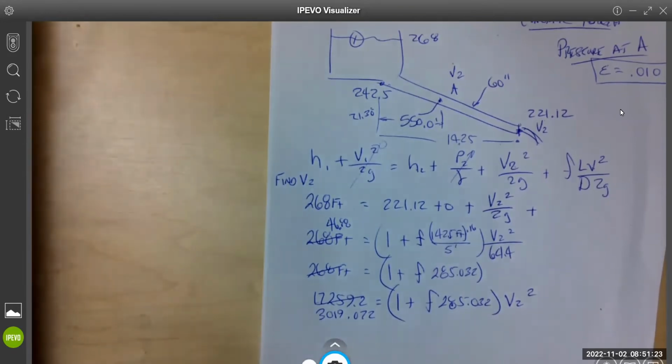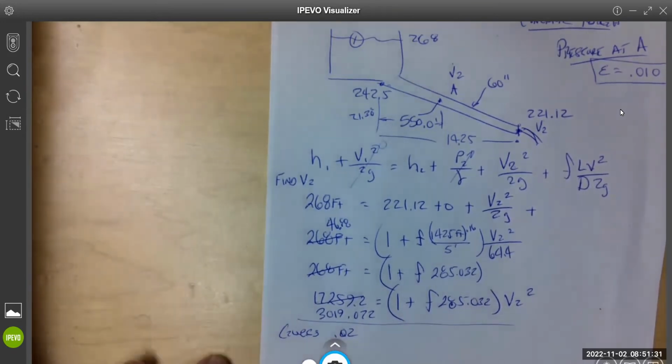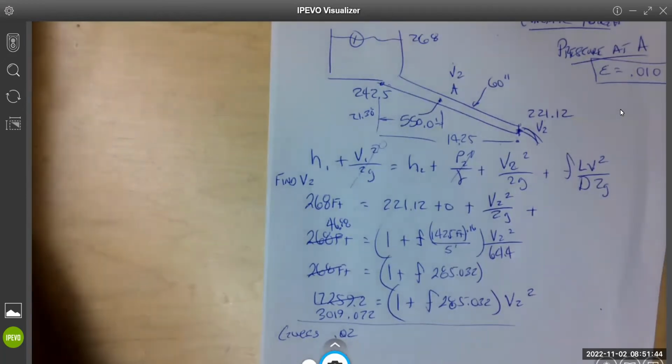Yep, 0.02. So we're gonna guess a friction factor of 0.02. Plug that in. Come up with the velocity. That allows us to run Moody's diagram.